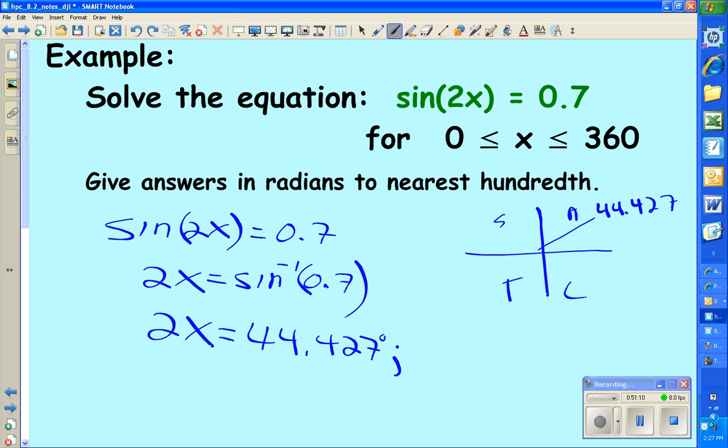Where else is the sine going to be positive? Quadrant 2. We will eventually, but don't try to go there too quickly, because then you'll end up getting wrong answers. Treat the 2x as one entity until you figure out all the possible values for 2x.